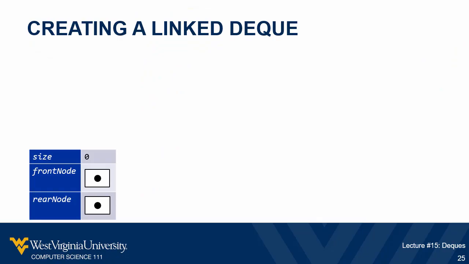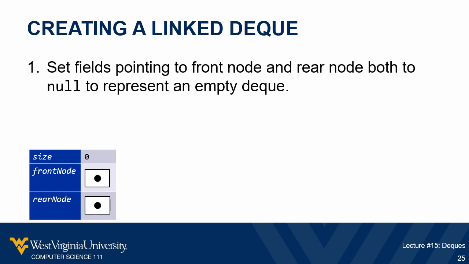When we create a new instance of a linked deck, like with our constructor, there's 2 major things that we're going to have to do. First, we want to make sure that our links to the front node and the rear node are both set to null, which should actually be the default value since this is a reference type. Having both of these set to null is going to reflect that we have an empty deck.